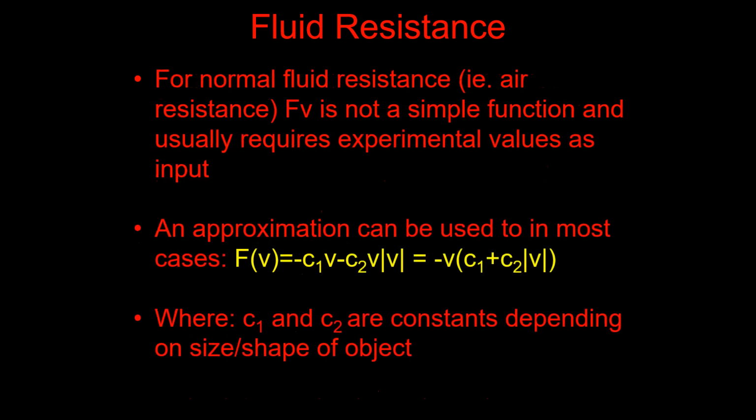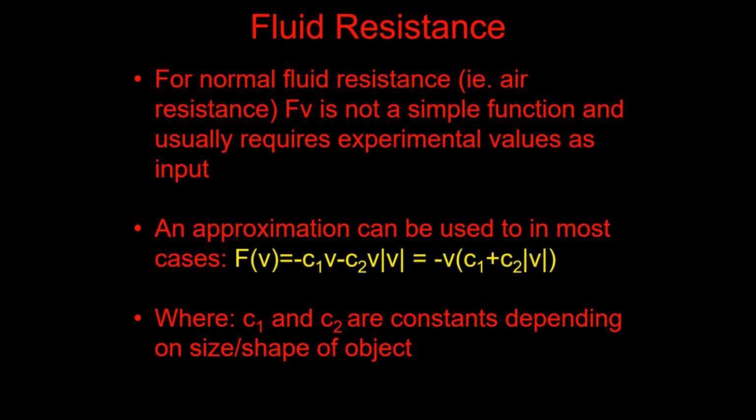So in terms of fluid resistance, or in most cases air resistance for the cases that we've looked at, F(v) isn't a simple function, and often experimental values are needed as inputs. And you can use an approximation in most cases, given here by the resistance force being a function of velocity, and this takes into account the c values, which are constants depending on the size or shape of the object.